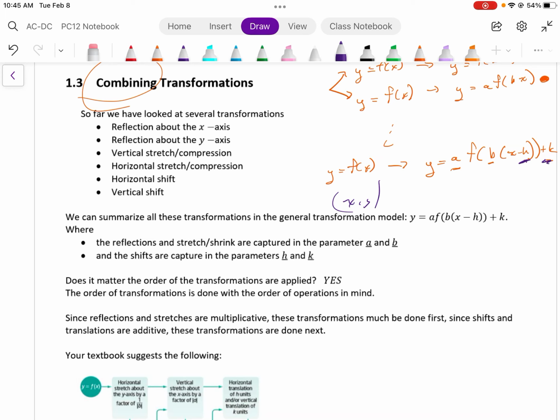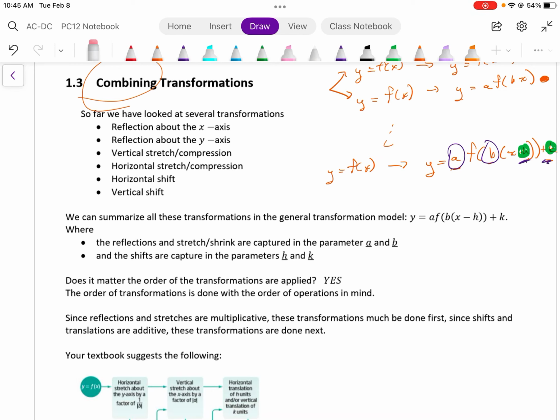Well, really, we multiplied the y values. So anything to do with a and b, we did multiply. We could definitely interpret it that way. Anything to do with h and k, we added to the point notation.